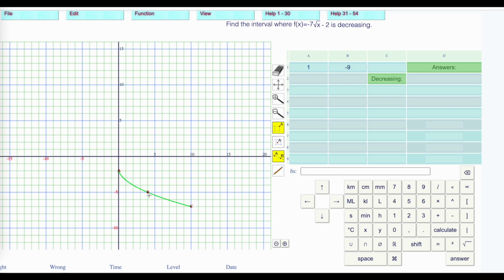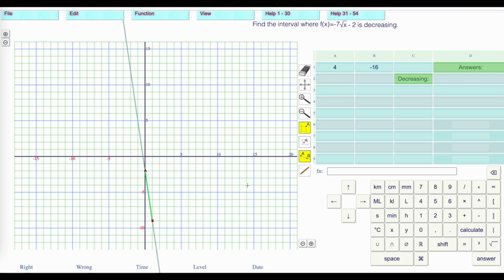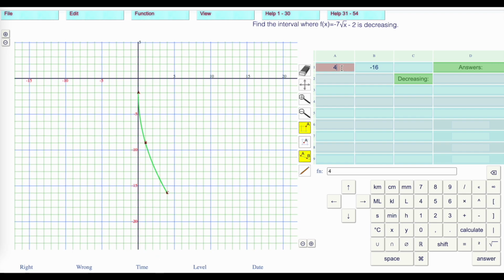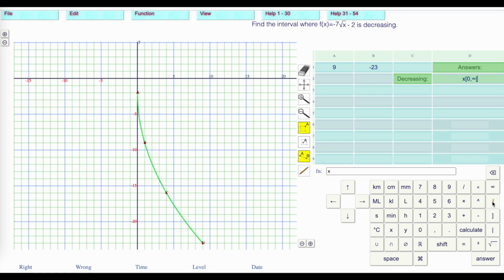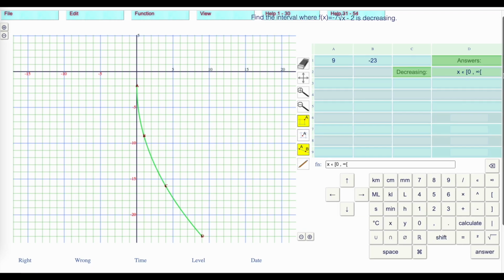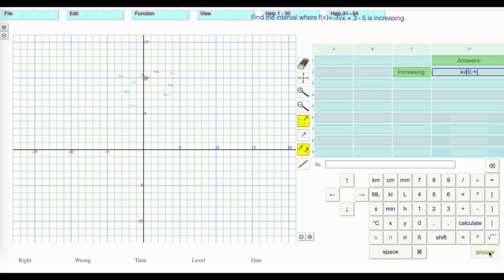At 1, we have -9. At 4, we're at -16. At 9, we're at -23. It's just going to keep opening this way. When's it decreasing? It's decreasing when x is a member of 0, from 0 to infinity, rejecto bracket on the infinity, and then press answer to see if you're right.